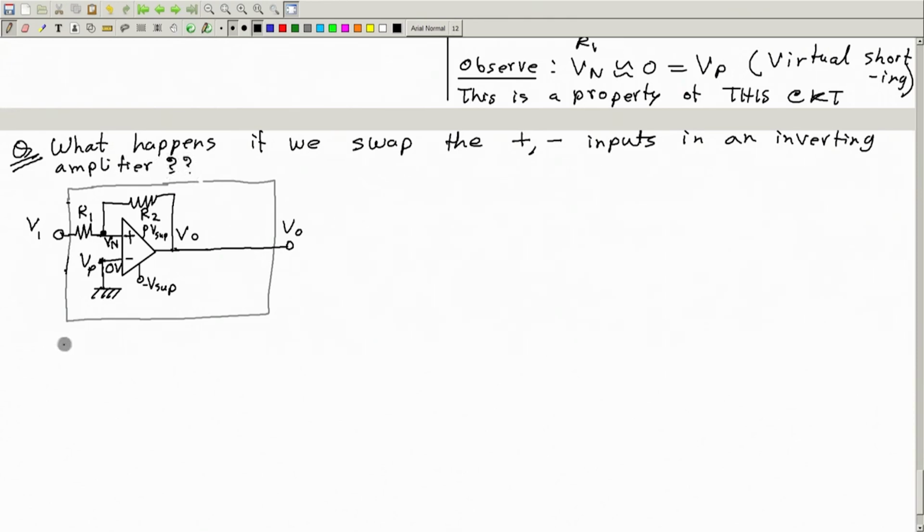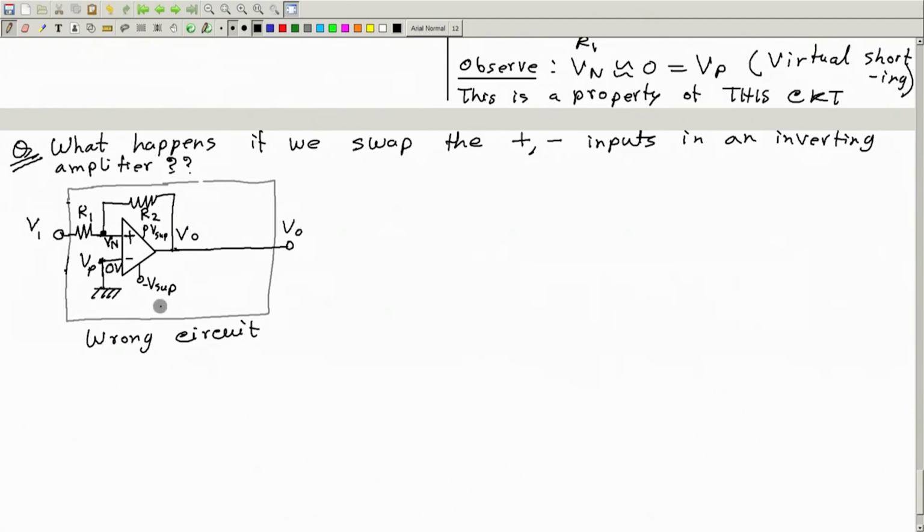So this is the circuit with swapped terminals. This is the wrong circuit. We should have minus here and plus here, but I have plus here and minus here. So what will happen? How do we analyze it? Okay, so let's study that.